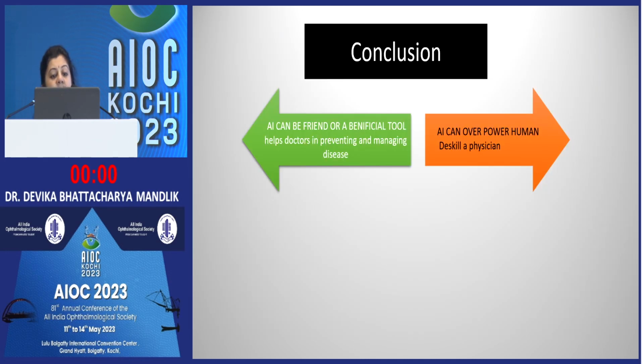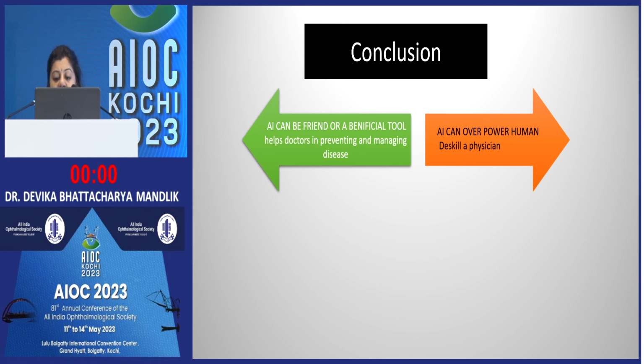Now, coming to the conclusion, there are benefits of AI that can help in automation, efficacy, personalization, improved decision making, improved patient outcome, and better health outcomes. The major concerns for AI are bias, job displacement, privacy, security concerns, and technical challenges.